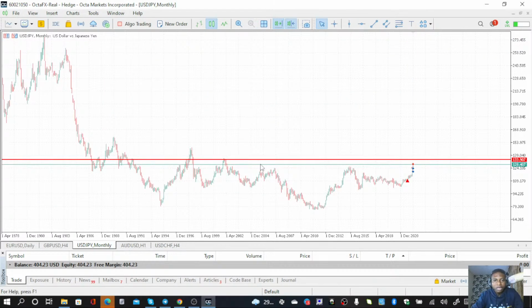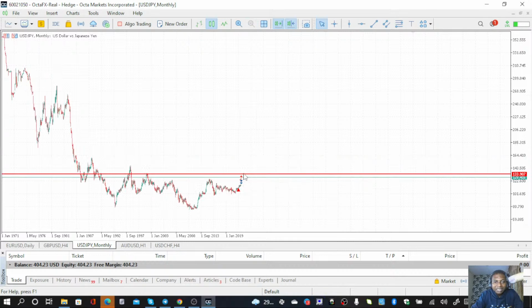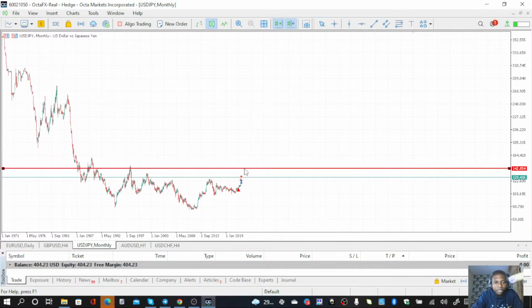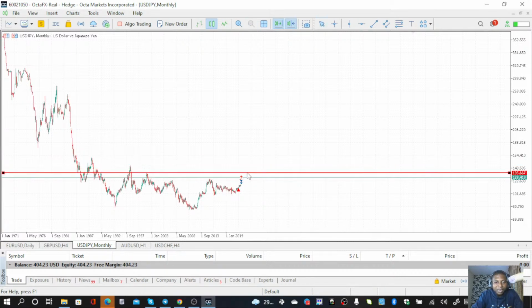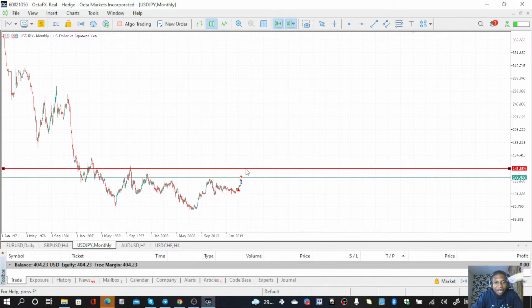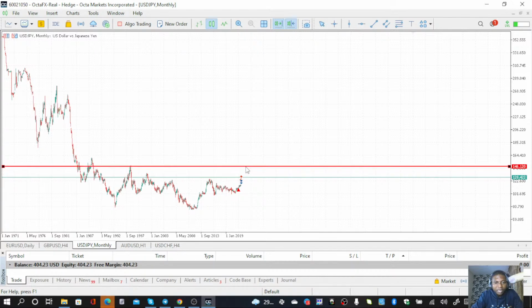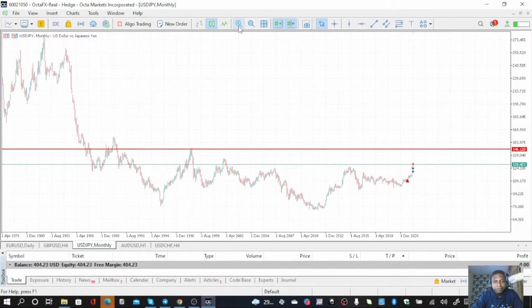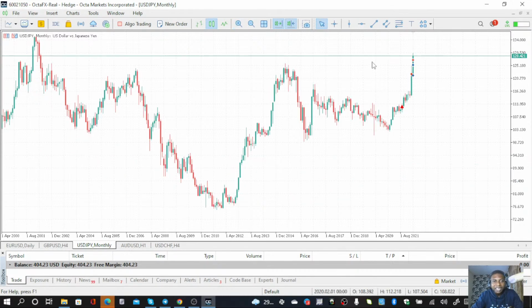Like we looked at earlier last week, we can see that the market is quite in a range. Obviously, the market is in a range.